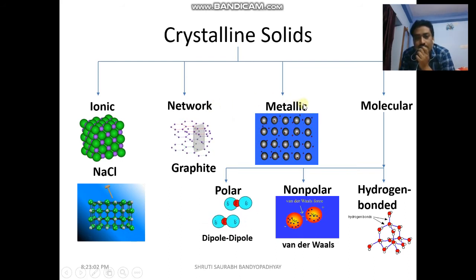The next one is metallic crystalline solid. We have learnt metallic bond in class 11, and we know that in metallic crystalline solids, metal cations float over an electronic sea of electrons.